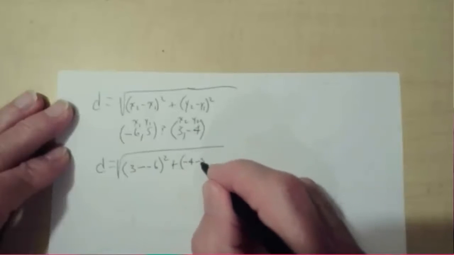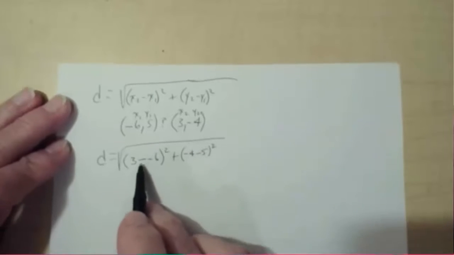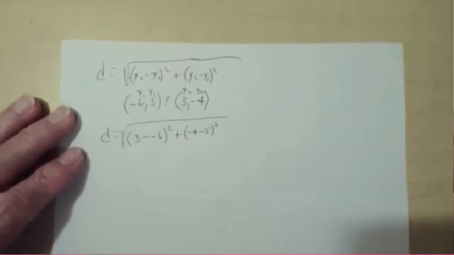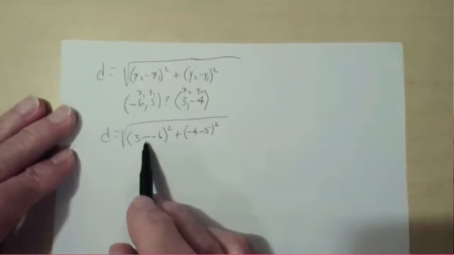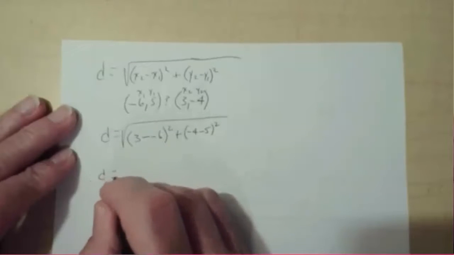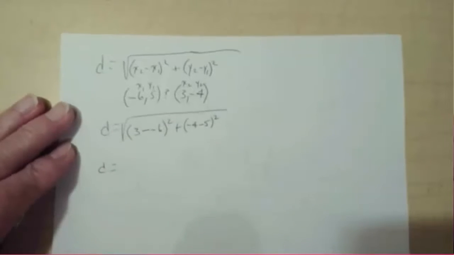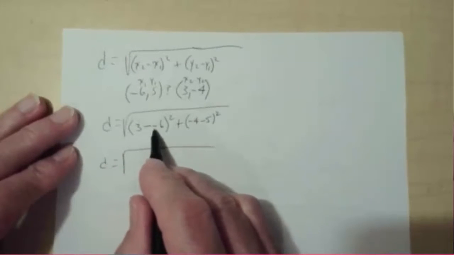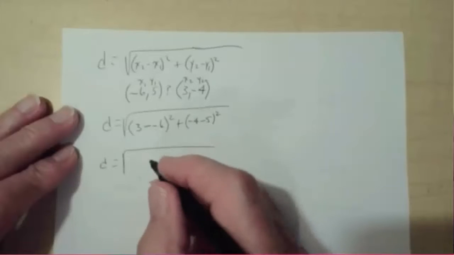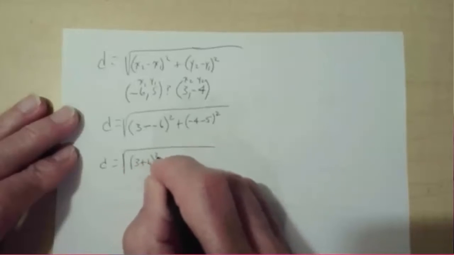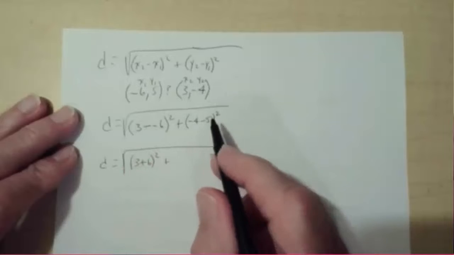Now, you can think of minus as the opposite of. So what's the opposite of negative 6? 6. So 3 plus 6, or minus a negative is a positive. So it's going to be 3 plus 6, plus negative 4 minus 5 is negative 9.